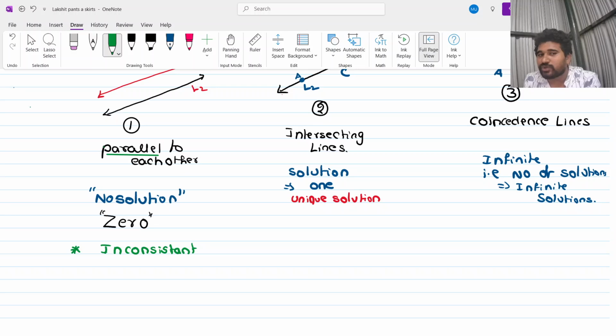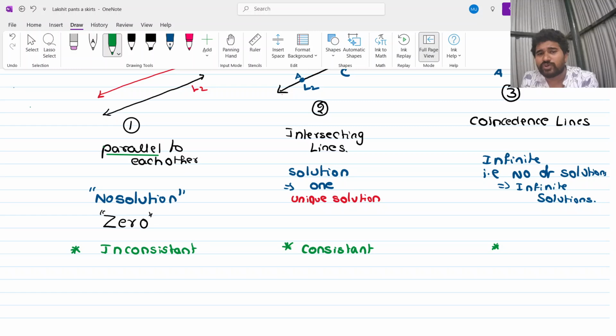Do we have any solution for these intersecting lines? Yes. When you said yes, the lines are consistent. Here do we have solution? Yes or no? Infinite or whatever, solution we have or not?